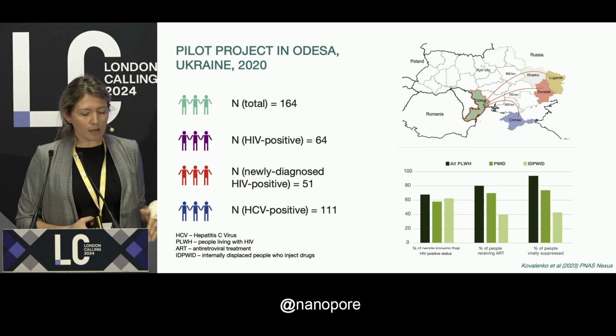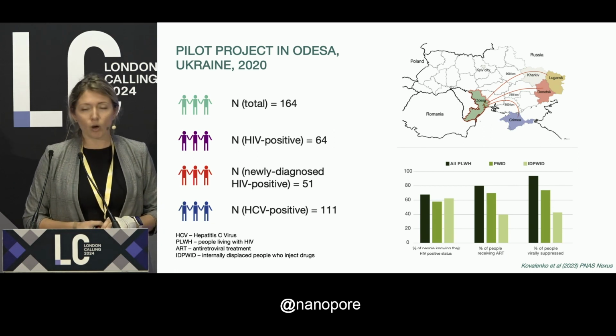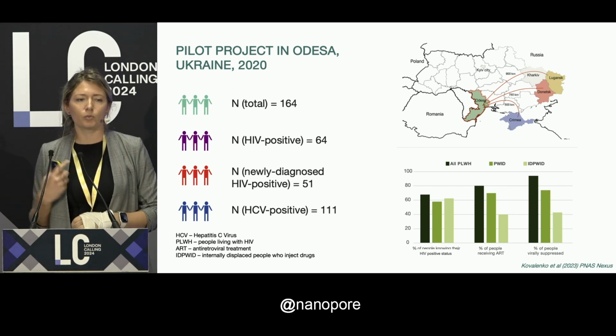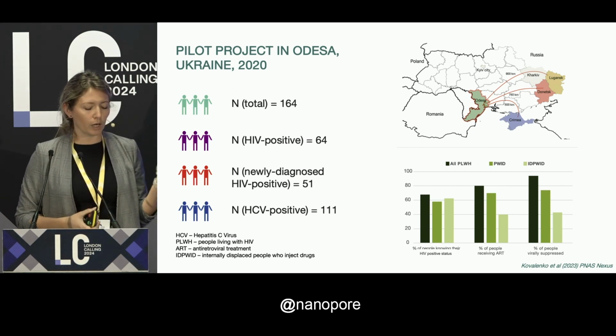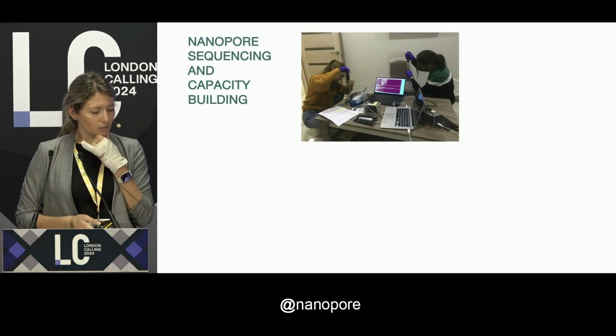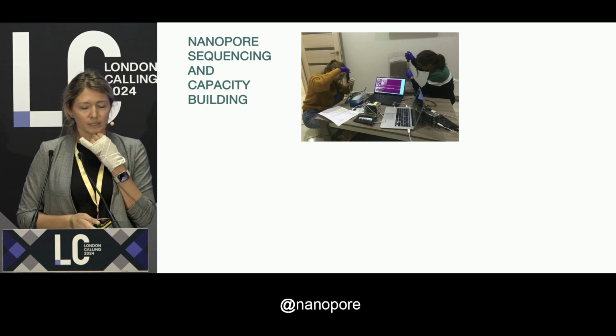So we collected samples from these people, and we also asked them about their migration experiences. We asked them, when did you come to Odessa? Where were you before? And then with a super team, we went to Odessa to sequence some of the viruses.